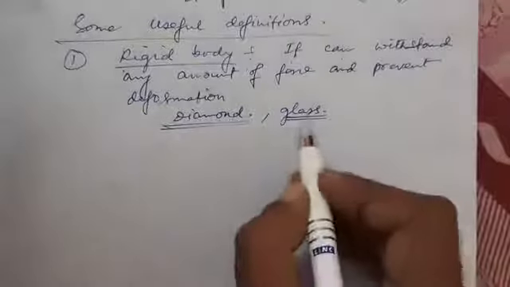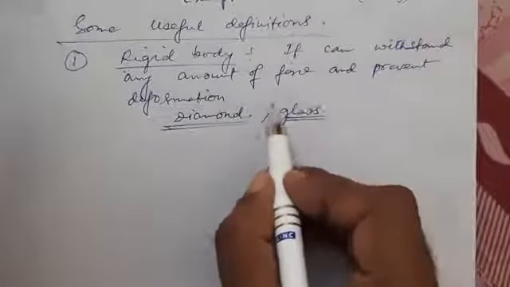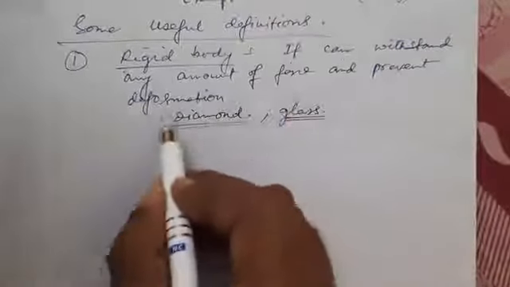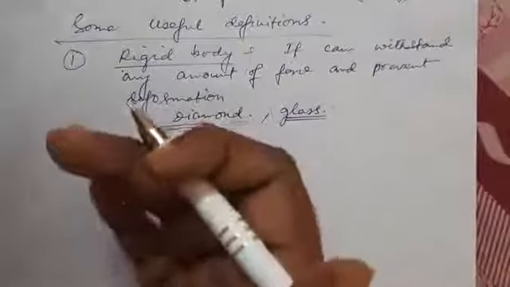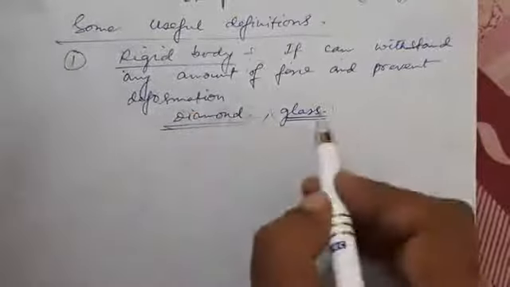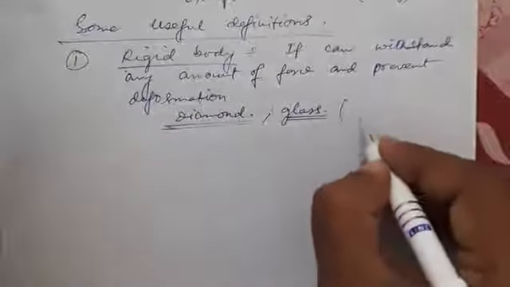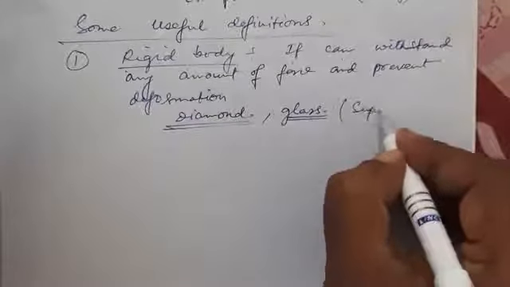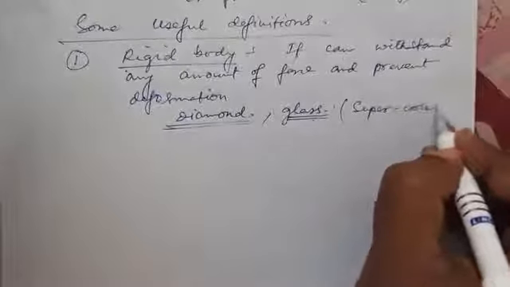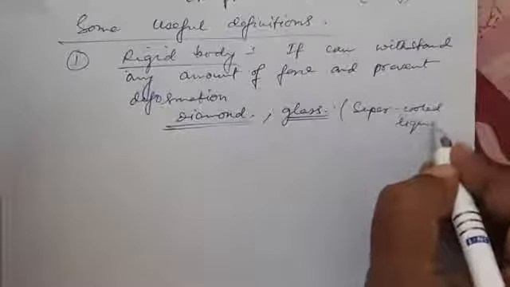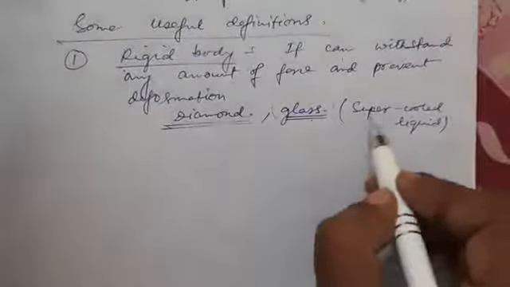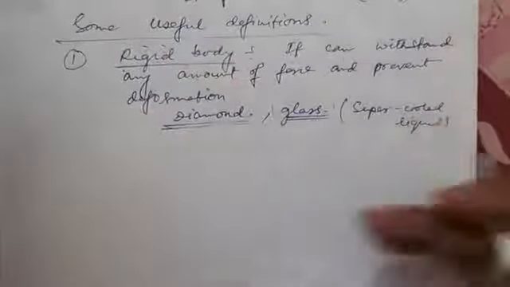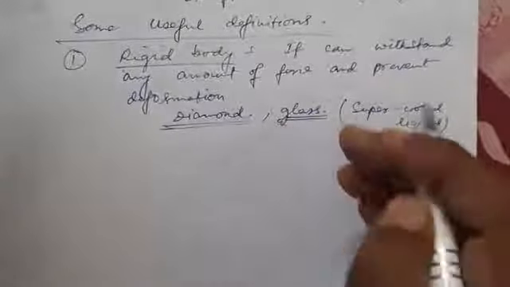Now you may be a little confused about this example, glass. You can understand diamond is a very hard substance. It can qualify as a rigid body, but why glass? Glass is a supercooled liquid. As it is a supercooled liquid, glass can only break.